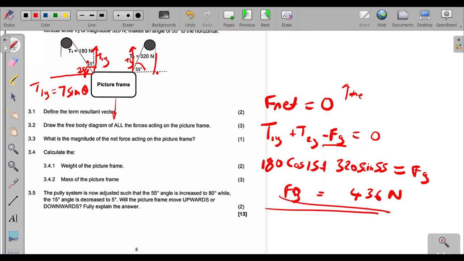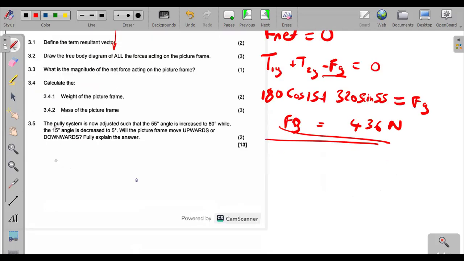All right, let's go to 3.4.2. Calculate the mass of the picture frame. We can now take advantage of the gravitational force we have and say Fg is equal to m times g. Therefore m is equal to Fg over g, by dividing by g both sides, where g is the gravitational acceleration.